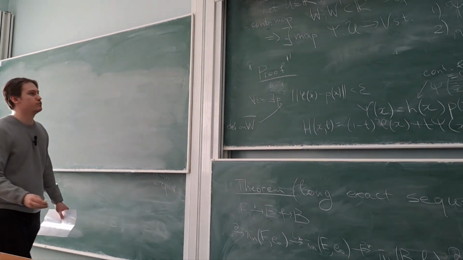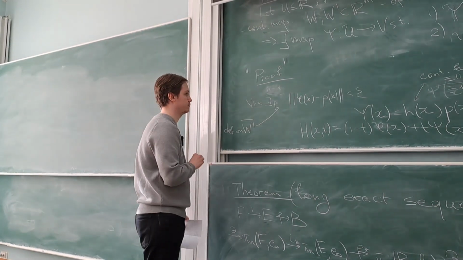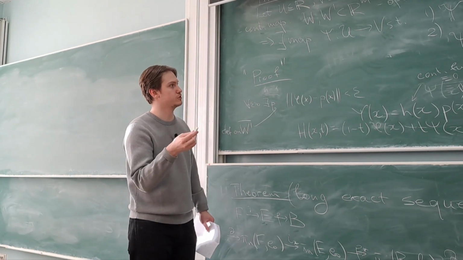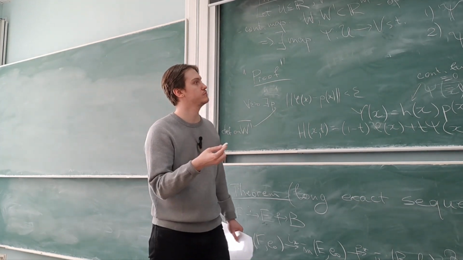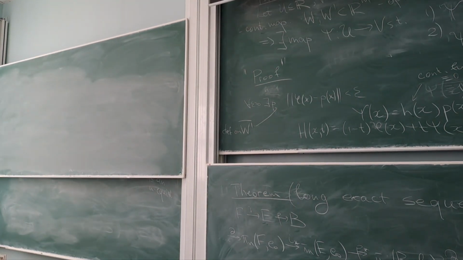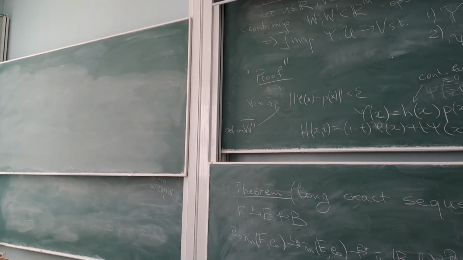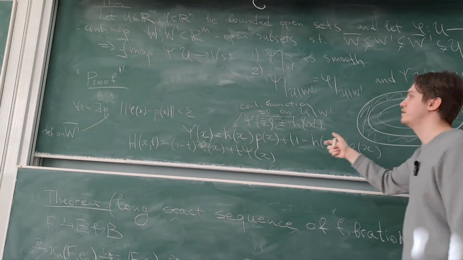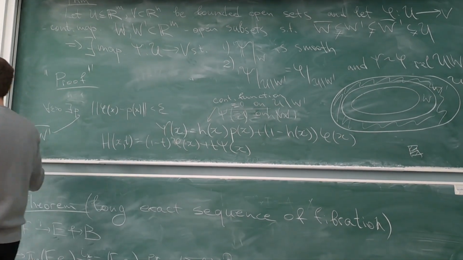Многочлен должен быть определен на замыкании W prime, чтобы тут тоже все было определено. Тут не ноль, поэтому нужно определить. Вот тут W штрих, конечно, должен быть.